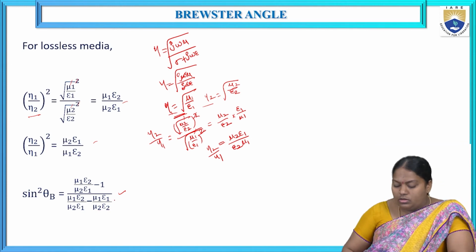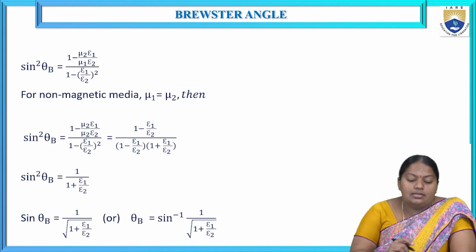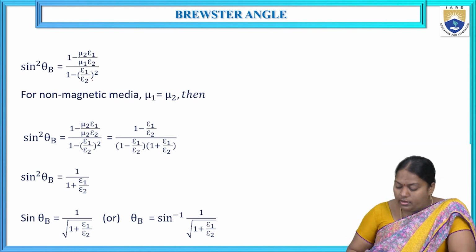Right? After simplifying this equation, we get sine square theta b equal to 1 minus mu 2 epsilon 1 by mu 1 epsilon 2 by 1 minus epsilon 1 by epsilon 2 whole square. How?